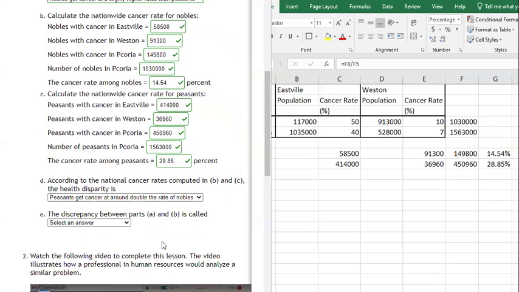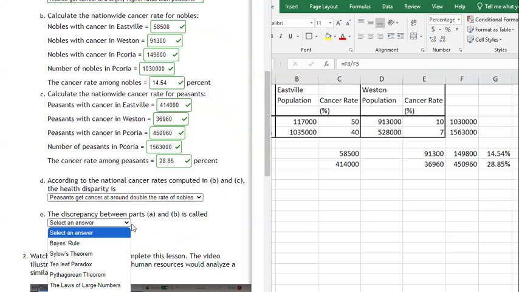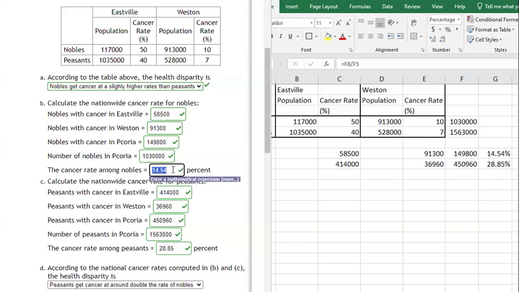The discrepancy between parts A and B is called what? Notice that the 14.54 cancer rate amongst all nobles is kind of between the 10 and the 50, right? So what's going on here is this is a weighted average of the 10 and the 50.